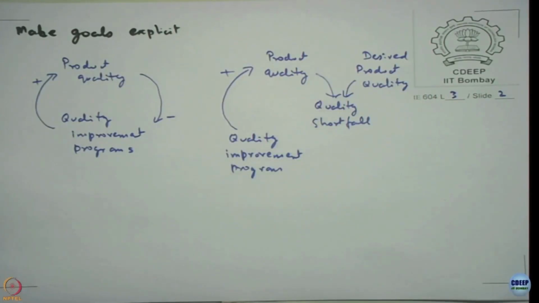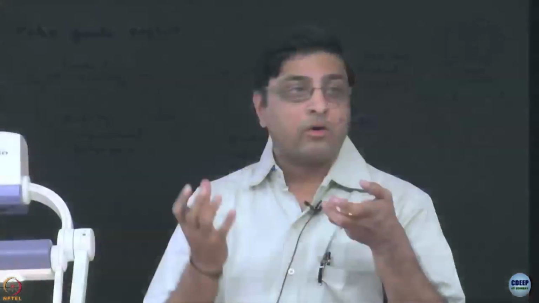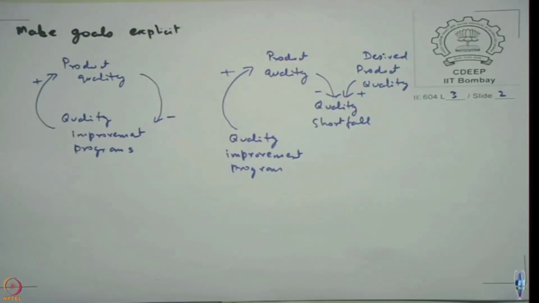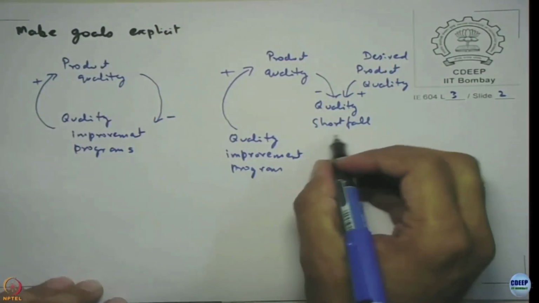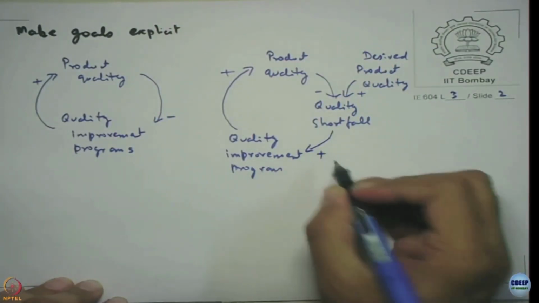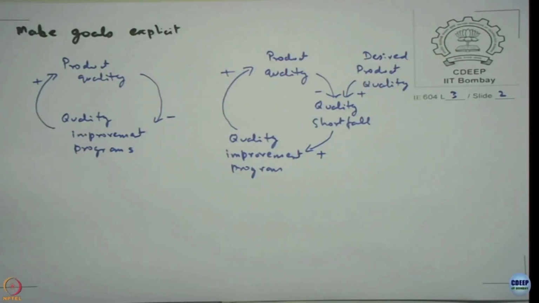So, if I have desired product quality and the product quality, I really want to see how different they are. So, pretty much I am going to take the difference between them. If the shortfall is more, then I am going to have more quality improvement programs, right. So, the higher the shortfall, the more quality improvement programs I am going to conduct.